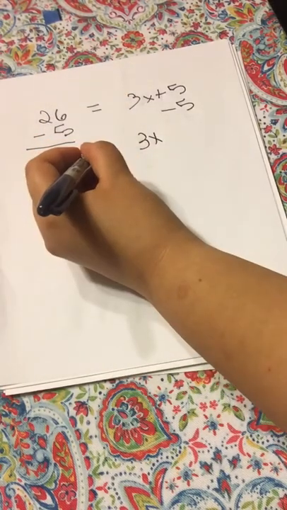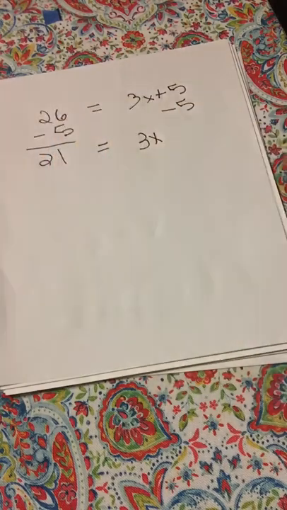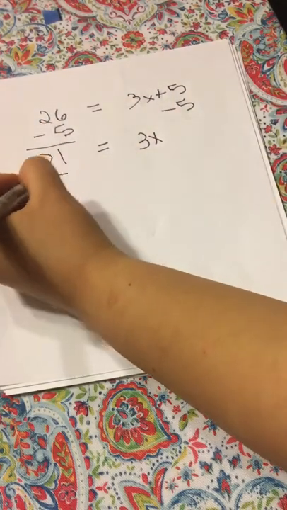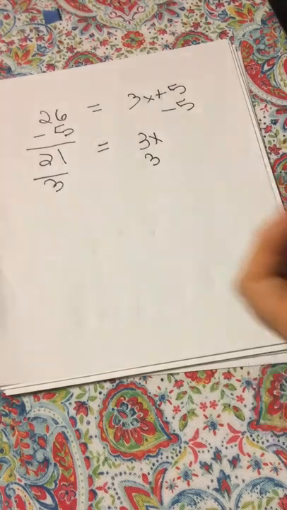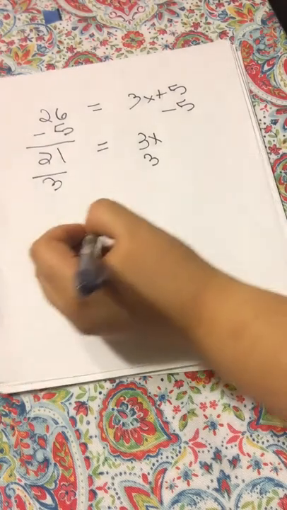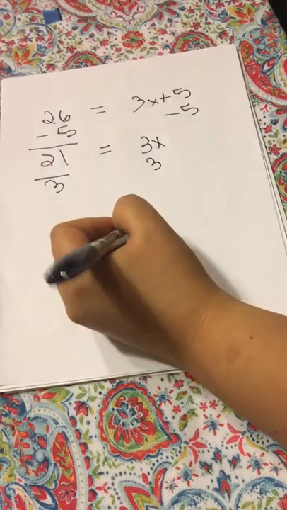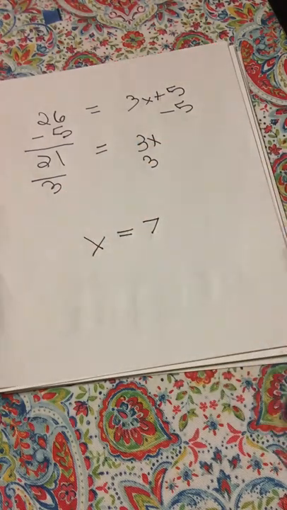So 21 equals 3x. But we need to have x reduced. So we're going to divide both sides by 3. So in this case, x would be equal to 7, because 3 times 7 is 21.